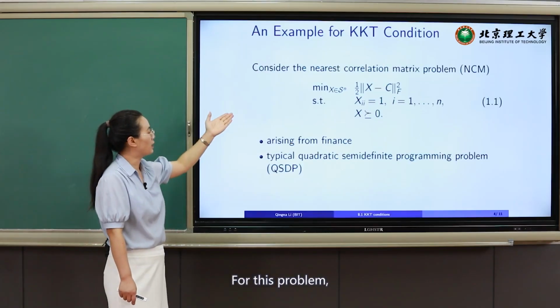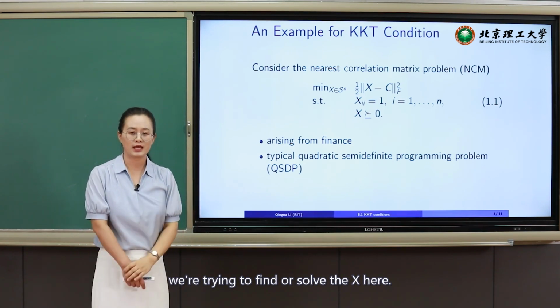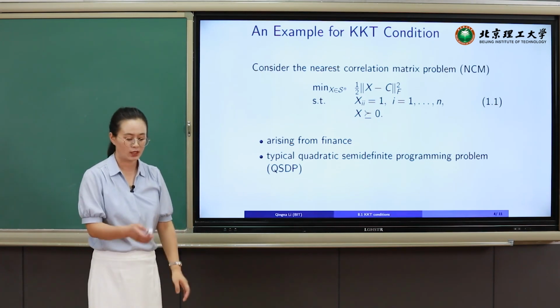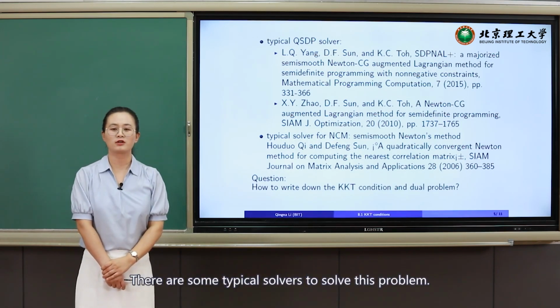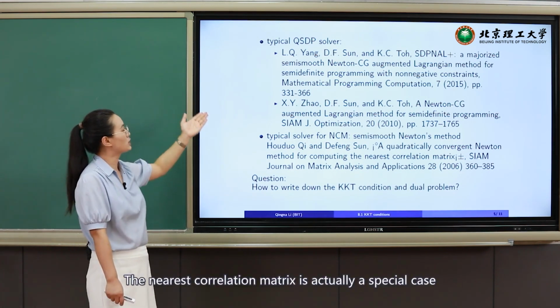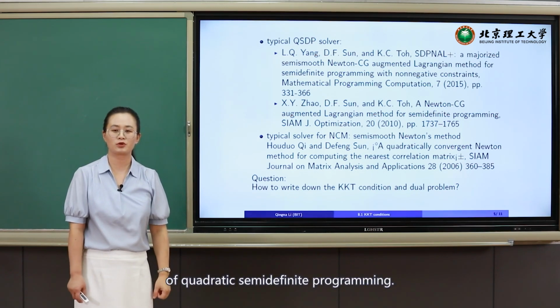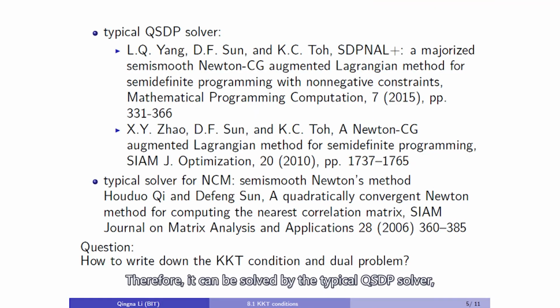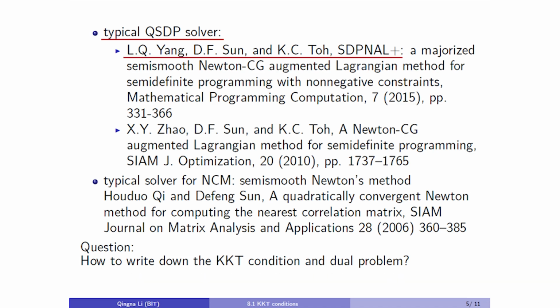For this problem, we are trying to solve for X here. And there are some typical solvers to solve this problem. The nearest correlation matrix is a special case of quadratic semi-definite programming. Therefore, it can be solved by the typical QSDP solver, which was developed by Professor Defeng Sun and his group.